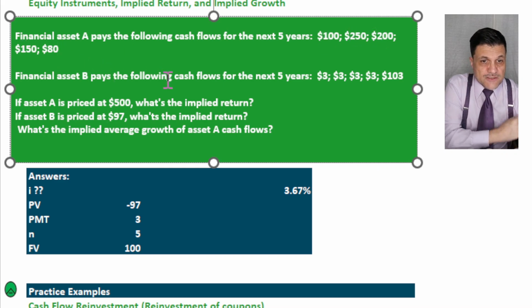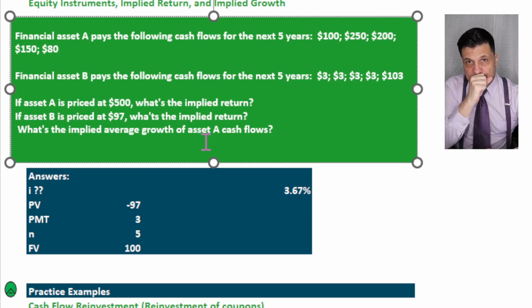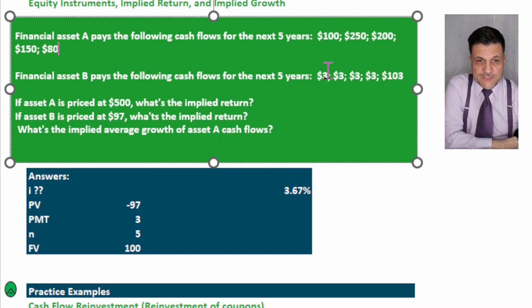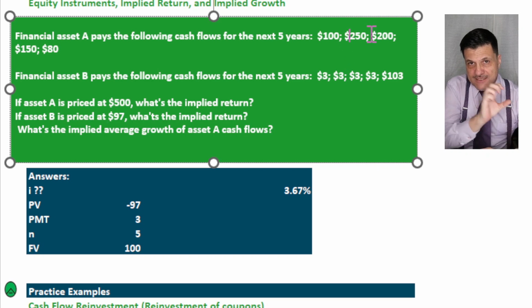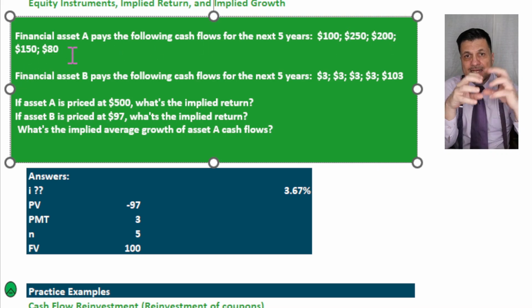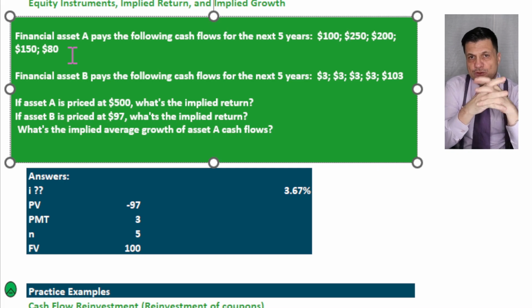So one way that I can do here is to compute the average growth per year. It was 100 and went to 250. How much has it increased? From 250 to 200, how much has it decreased? From 200 to 150, and from 150 to 80? And then I can average those growth rates.